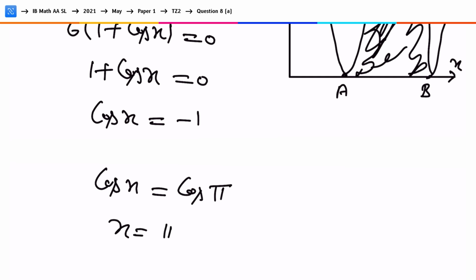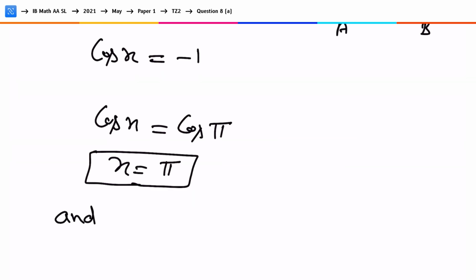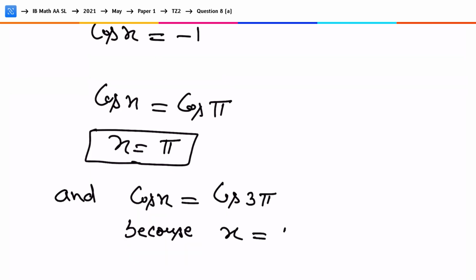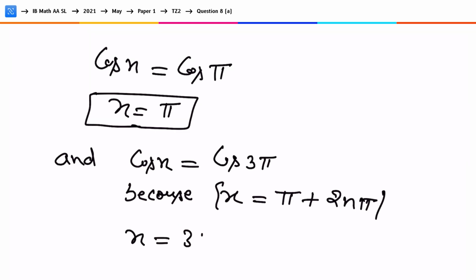X is equal to pi, and cos x is equal to cos 3 pi. Because x is equal to pi plus 2n multiplied by pi. X is equal to 3 pi.